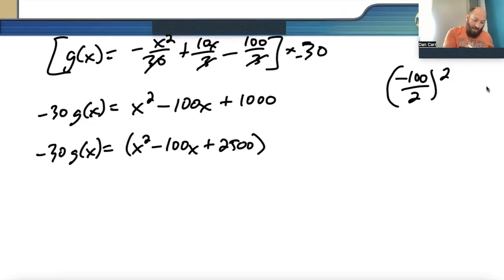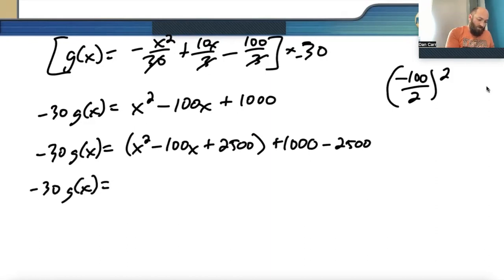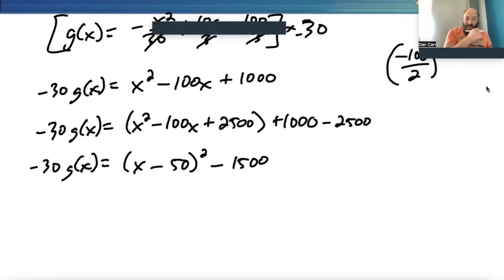But I've got to do the plus 1,000 and then minus 2,500 as well. All right, so I'll leave the negative 30 times g of x. We can now complete this. It's going to be x minus 50 squared plus, minus 1,500.